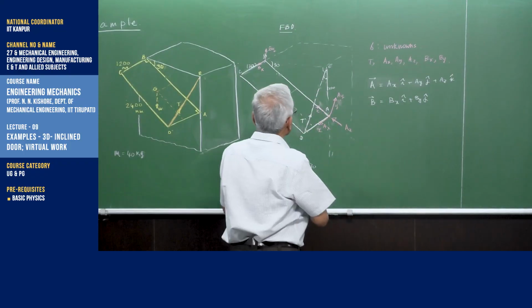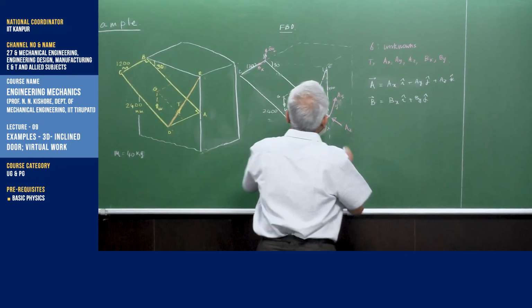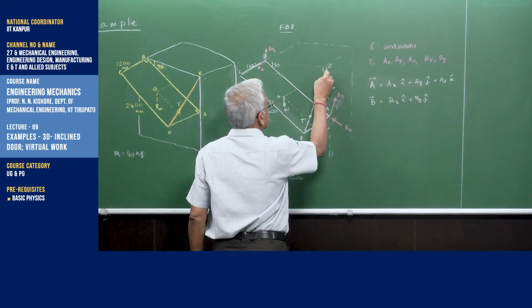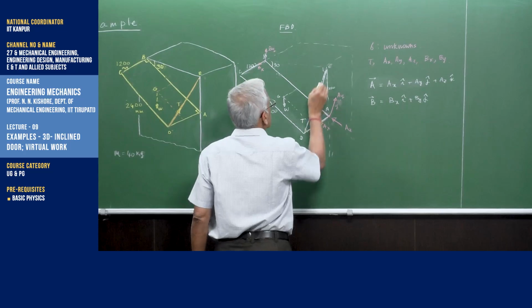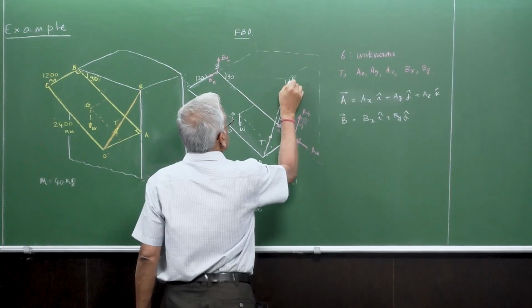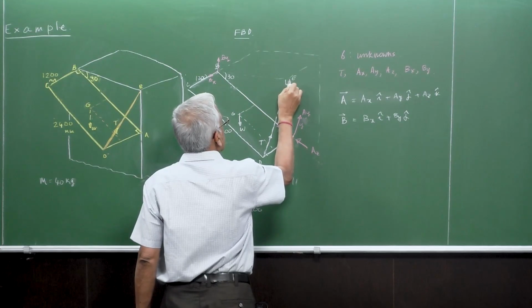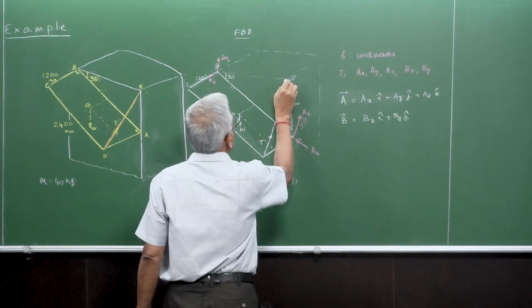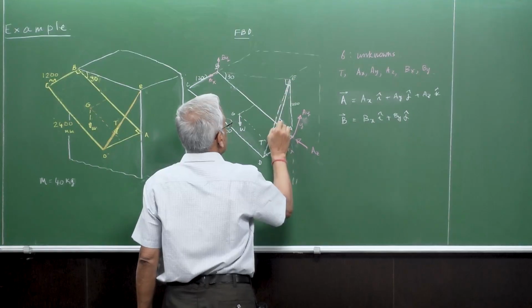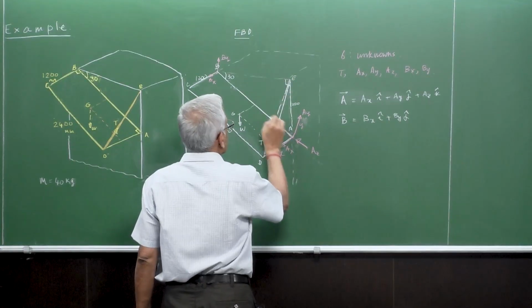That's not exactly 30. So what we try to draw is a perpendicular here to this line. I hope that this is 90 degrees. AE makes with the horizontal 90 degrees, and then from E we drop a perpendicular to this line.